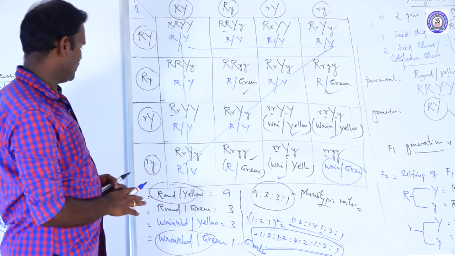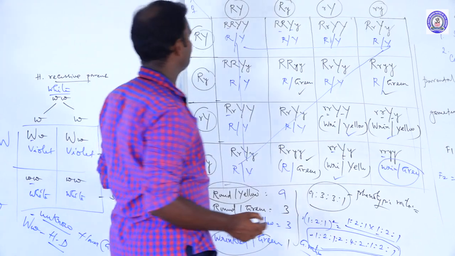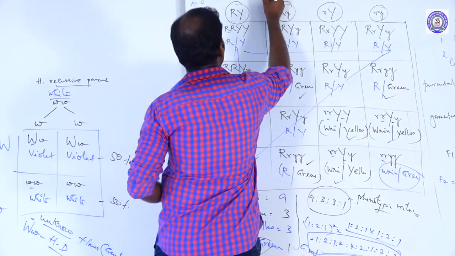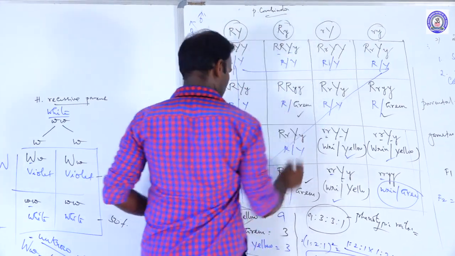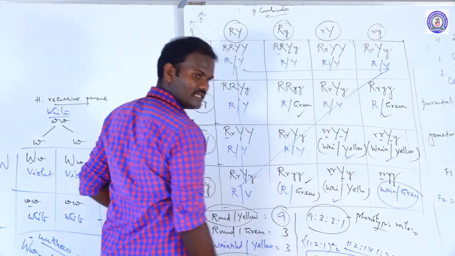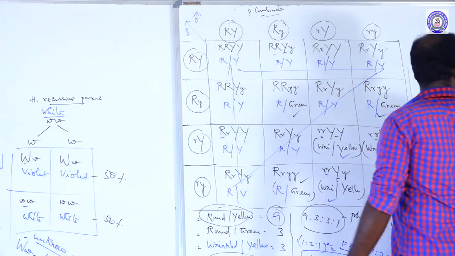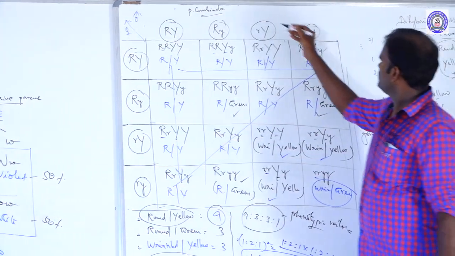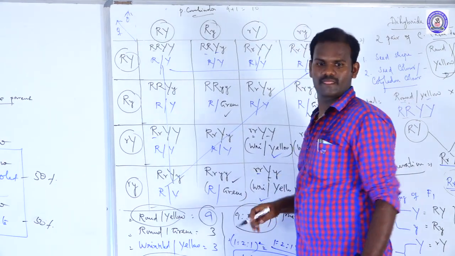At the end, the parental combinations: 9 plus 1, these are the parental combinations. 9 round yellow, only one wrinkled green. So 9 plus 1, 10.